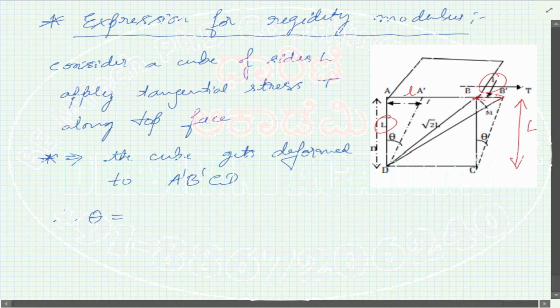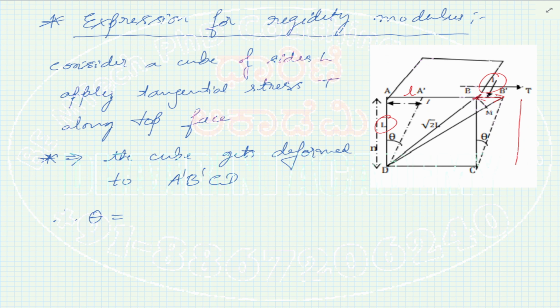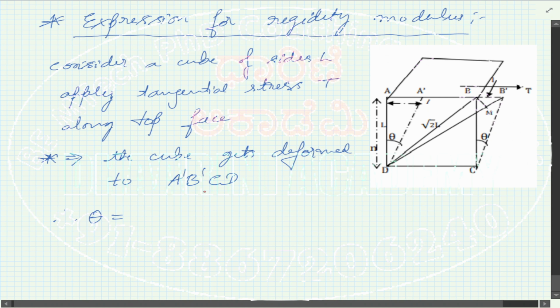The height is L because we assumed a cube of sides L, so one side is L and the small movement is small l. So how do you measure this? It is BB dash divided by BC. BB dash is small l, and BC is the height, which is the capital L.